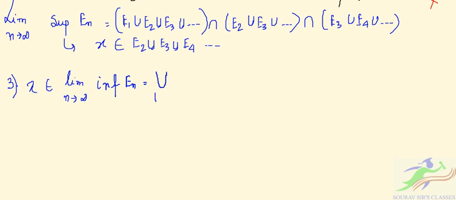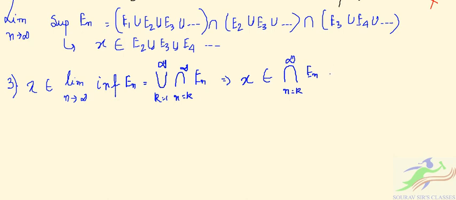You can write it as the union over k from 1 to infinity of the intersection over n equal to k to infinity of En. So we can also write this as x belongs to this intersection of n equal to k to infinity of En for some k.